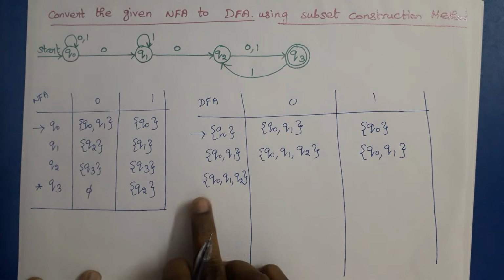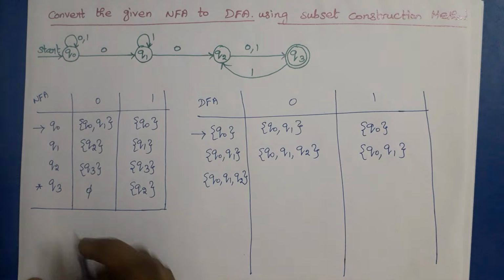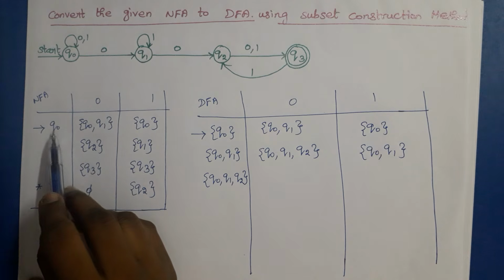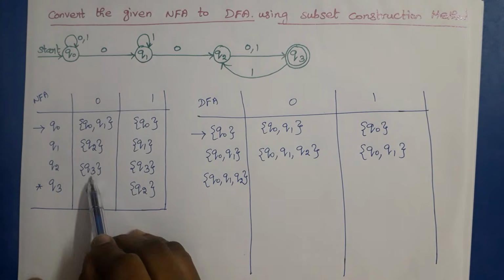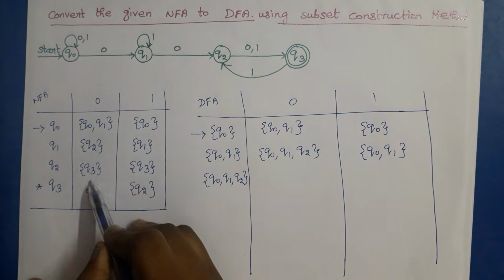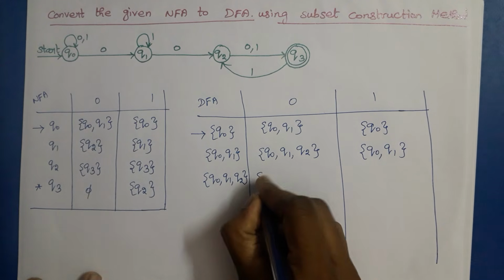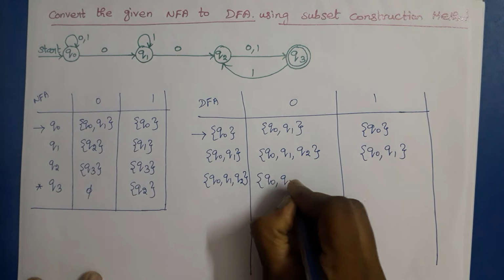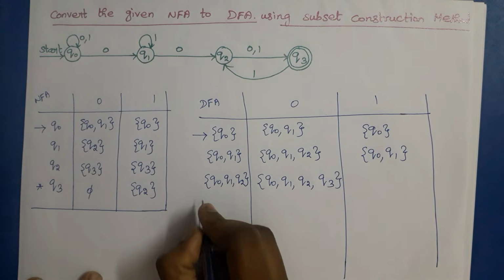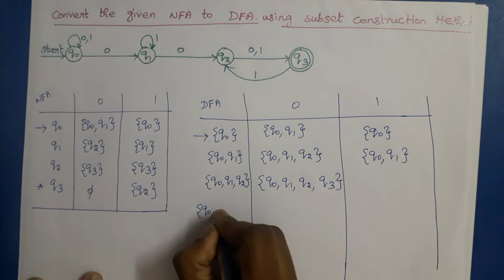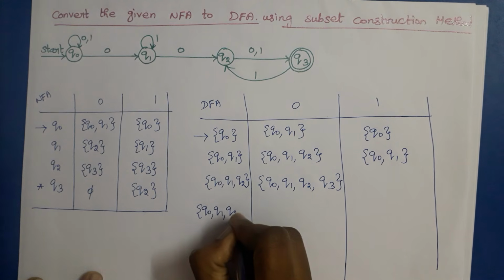Then in the next step, Q0, Q1, Q2 and 0. So perform the union operation of Q0, 0, Q1, 0 and Q2, 0. All these will give Q0, Q1, Q2, Q3. Since this is a new state, we have to write it as a new row.